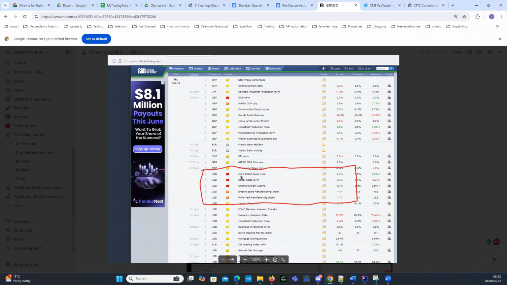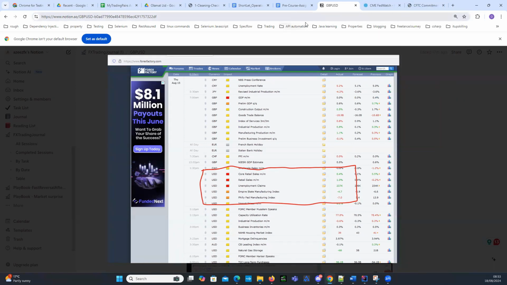The USD data for core retail sales and unemployment claims, which the Federal Reserve also looks at, came out stronger than expected. They're not massively stronger, but they are all stronger. They are all green, which is an indication that the dollar should rise. And that's exactly what happened here.